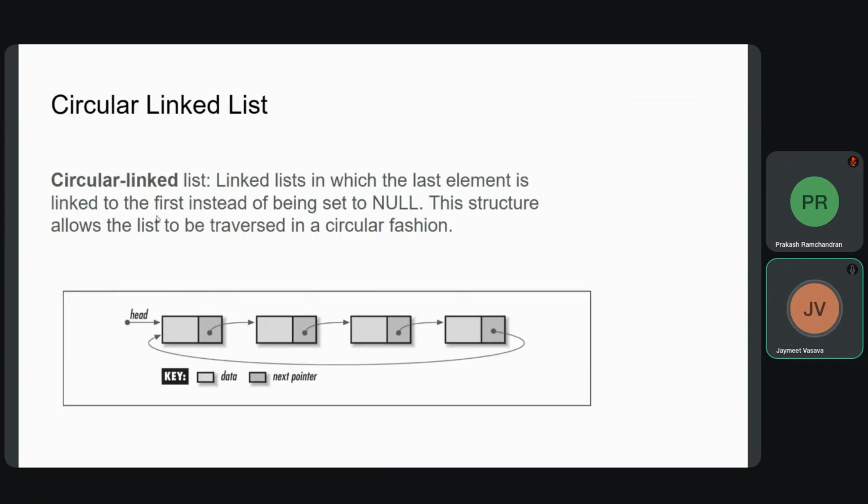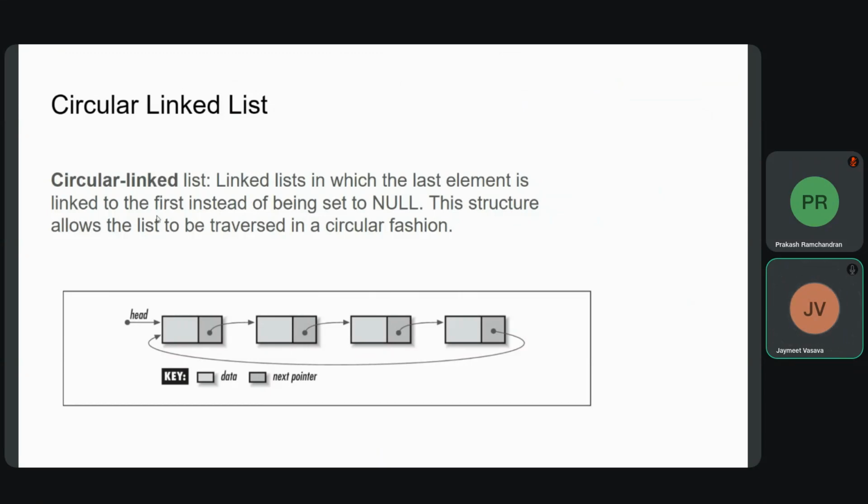So what is a circular list? A circular linked list is one in which the last element is linked to the first element instead of being set to null. This structure allows the list to be traversed in a circular fashion. You can see the diagram, the visual representation of a circular linked list.